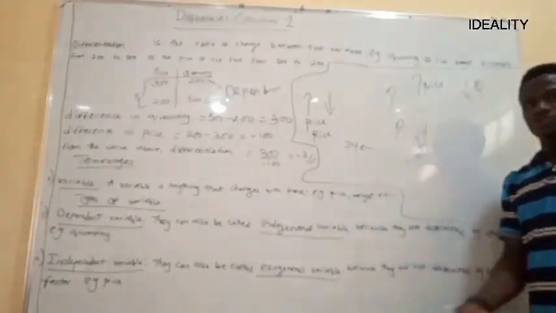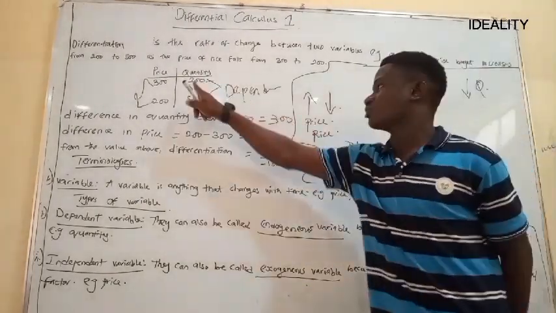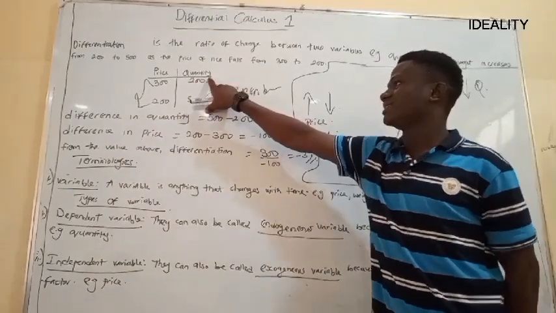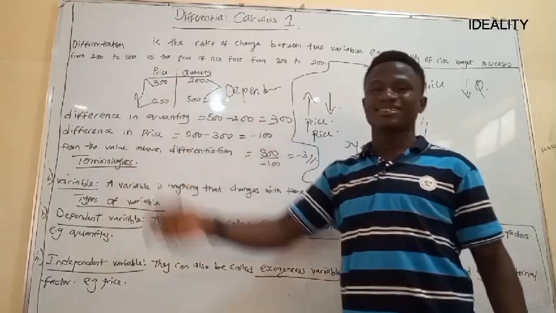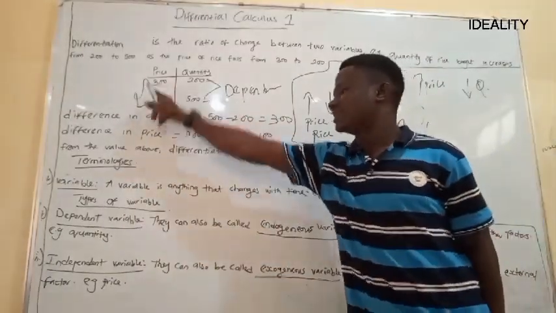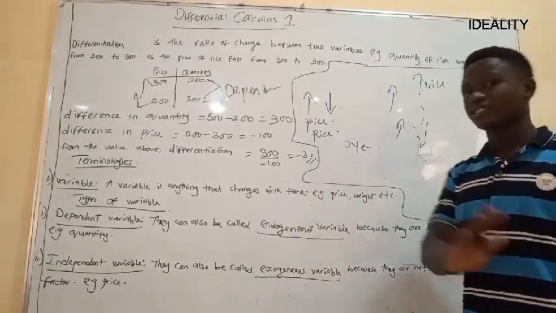Obviously nothing, because there are a lot of factors that can make price change, but for quantity to change, there must be a change in price. So quantity is a dependent variable, while price can change independently. Then we say price is an exogenous variable because it's not determined by any factor.